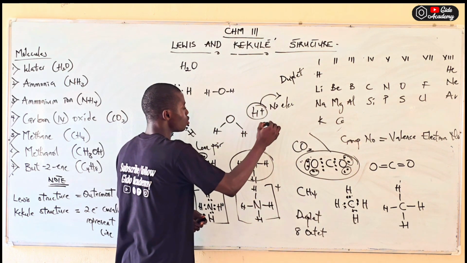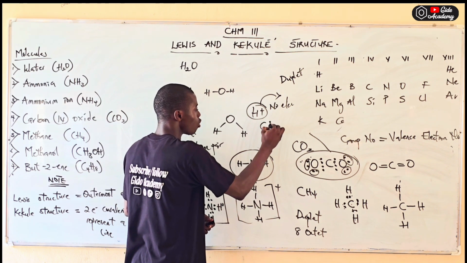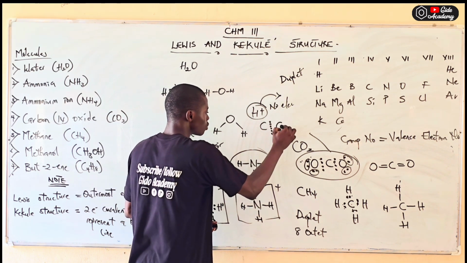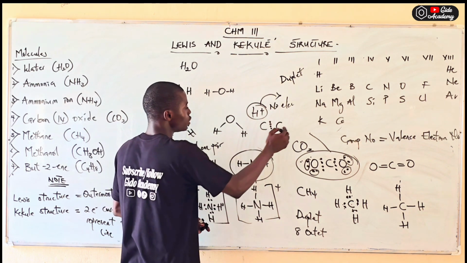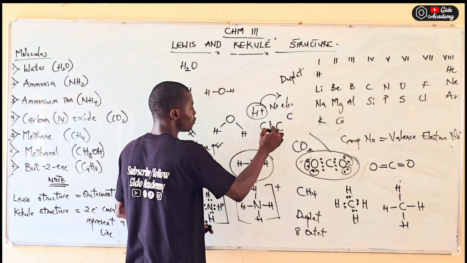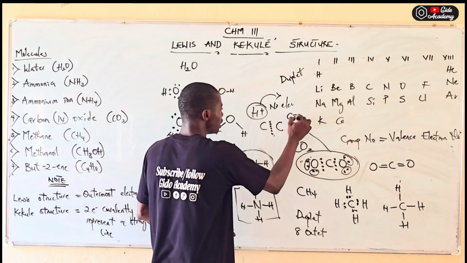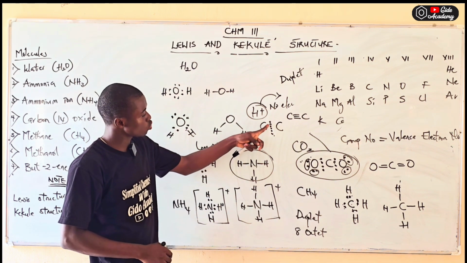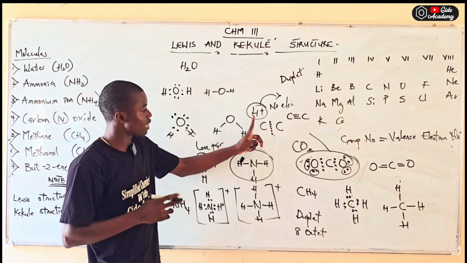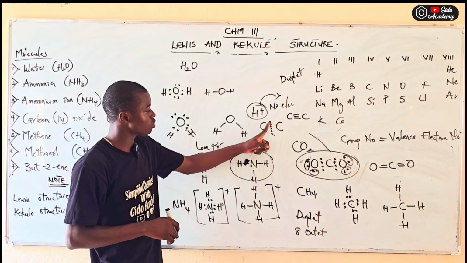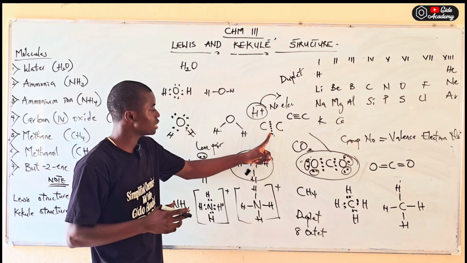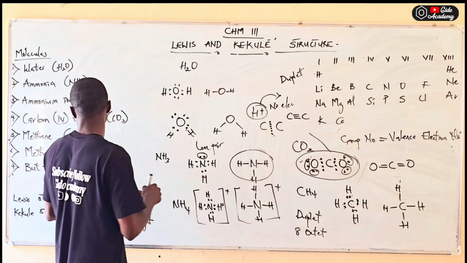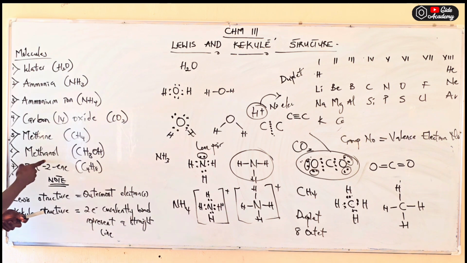Assuming you have a carbon 1, 2, 3, 4, 5, 6 bonded to another carbon, that signifies a triple bond. So you can write: 2 electrons signify a single bond, 4 electrons signify a double bond, and 6 electrons signify a triple bond.